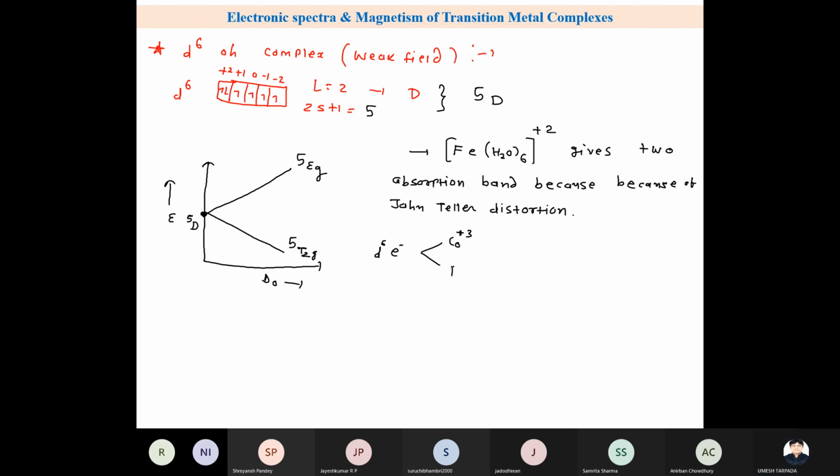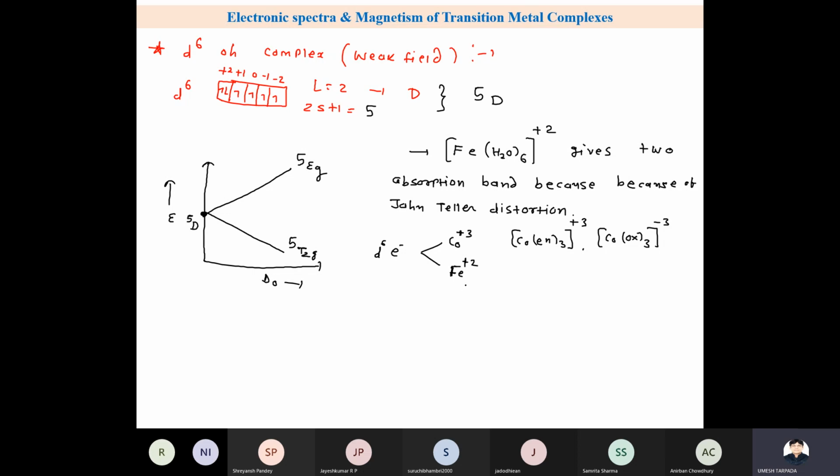d6 Co3+ and Fe2+. So Fe2+ and Co3+ are the examples. Examples of Co3+ are Co(en)3 3+, tris ethylenediamine cobalt 3+ complex, and Co(ox)3 3-. See here, this complex is there where you can have two different possible arrangements, high spin and low spin.